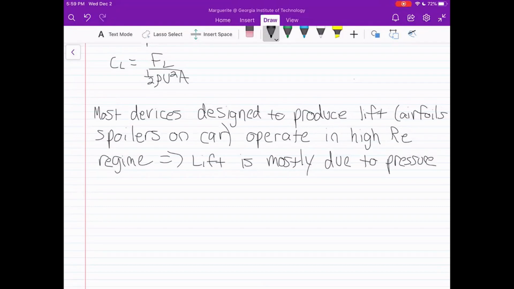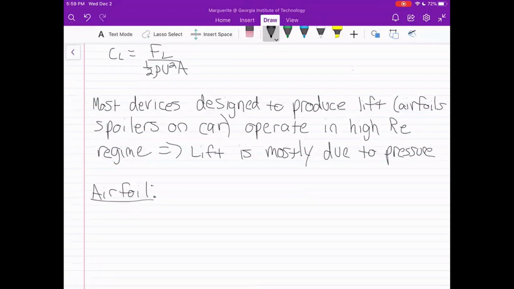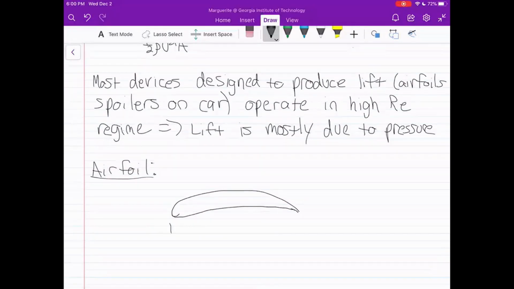Just to look at this, I'm going to draw another airfoil for you. Since, if you end up working with lift, there's a good chance it's either going to be with putting something in the air or with cars. So if we have an airfoil that looks like this, the common length used is C, the front to back, and this is called the chord length. We talked about areas a lot at the beginning.